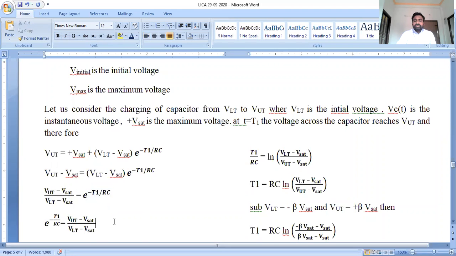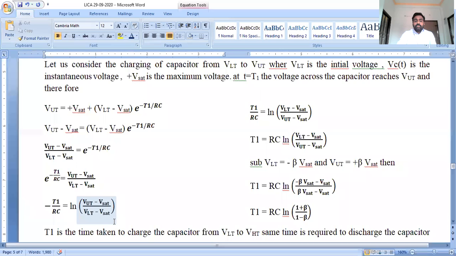If we simplify further by applying logarithm on both sides to cancel the exponential function, the logarithm and exponential get cancelled, and we get minus T1 divided by RC equal to Ln of (upper threshold voltage minus V saturation) by (lower threshold voltage minus V saturation).